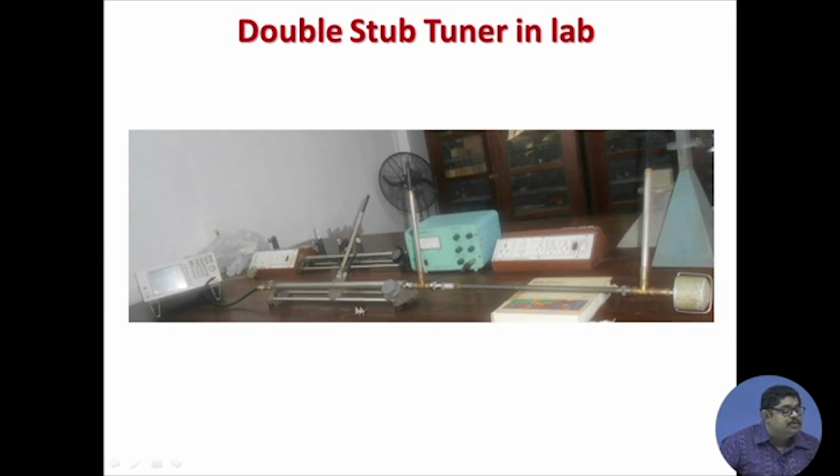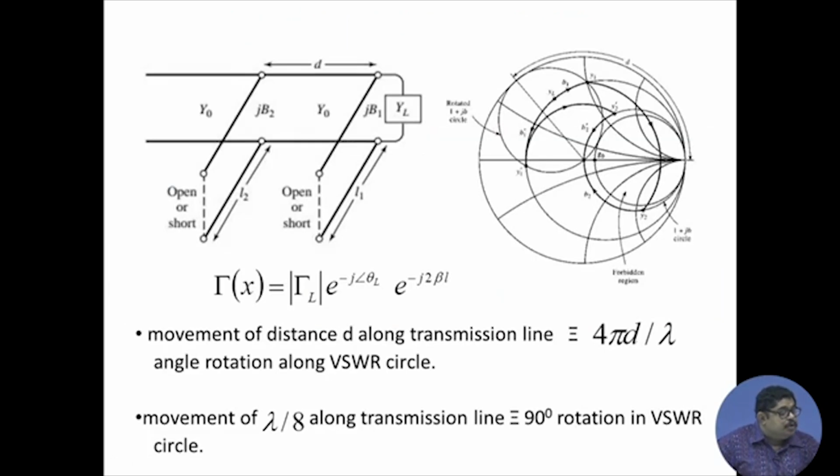This is the carriage that you have seen, this is the meter where you can observe the whole thing, and these stubs, their lengths you can change, actually they are foldable. So, you can change the lengths. Those are the two things that you can vary, and I think in your lab also you have this. So, now let us see what is done.